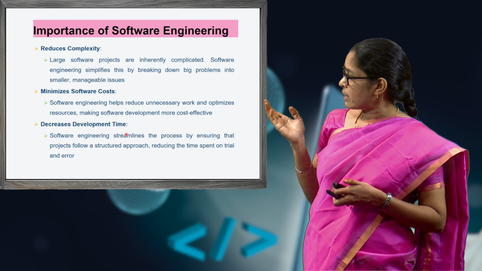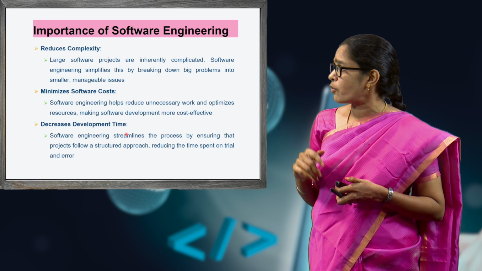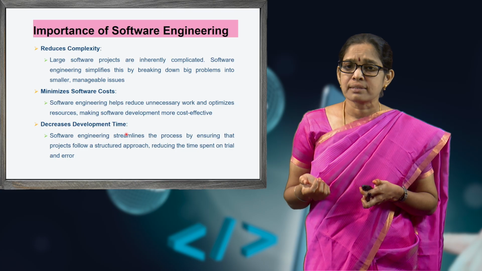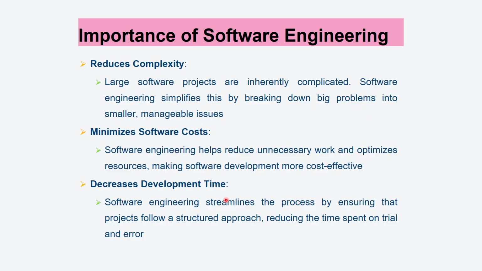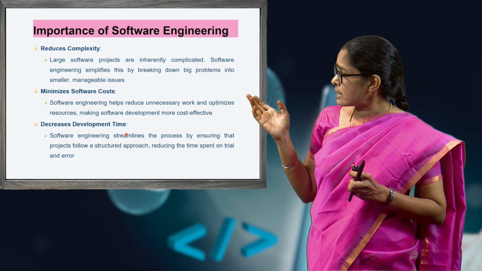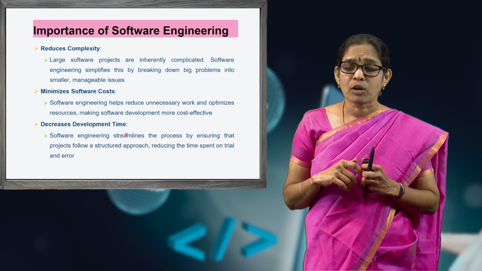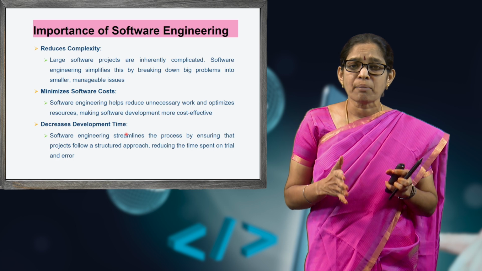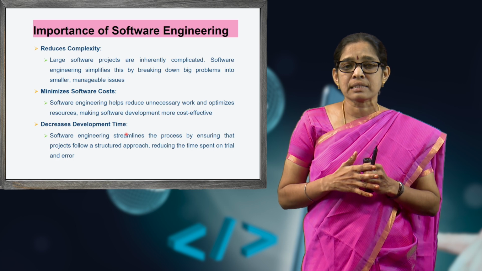Then the next topic is importance of software engineering. First one is reduces complexity. By using the key terminologies abstraction and decomposition, we can simplify complex problems by breaking big problems into smaller manageable issues. Then next, minimizes software cost. Obviously, once we simplify the complexity, it automatically reduces the cost.